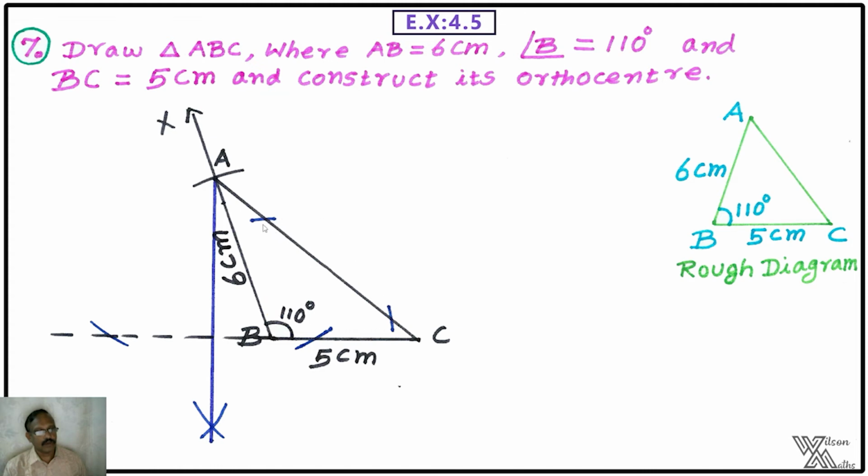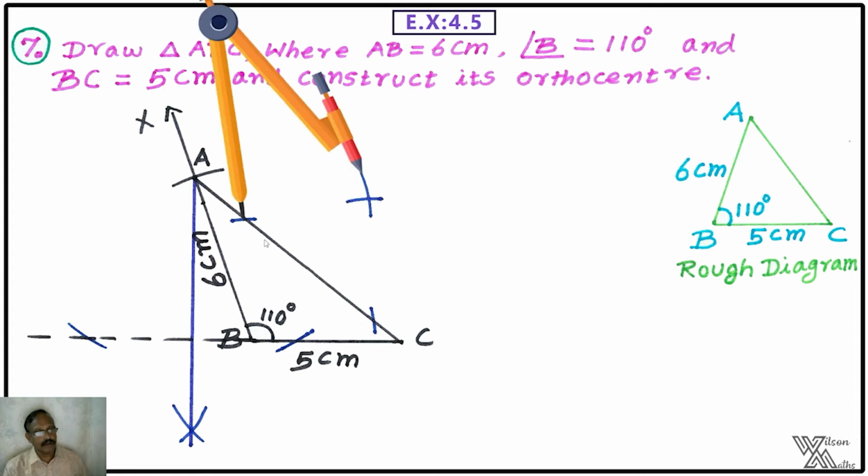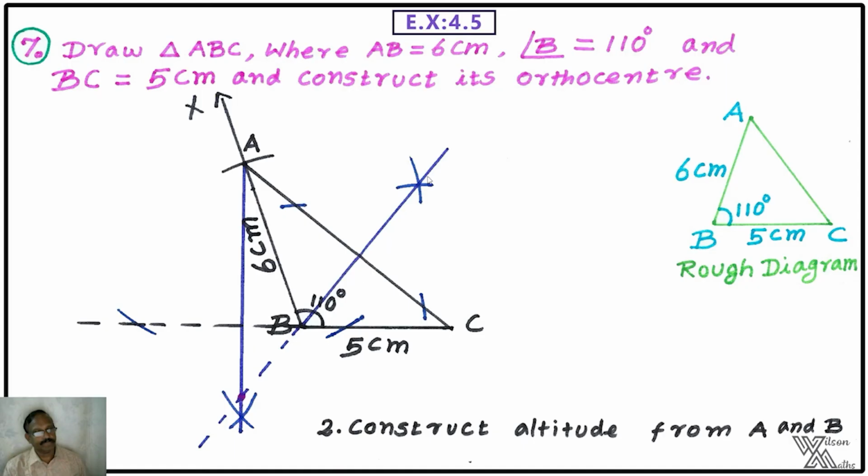Here one arc, here one arc from the point B. Then from this point one arc, from this point another arc. You will get like this. Now join this point and the point B and extend it. This is the extended altitude.